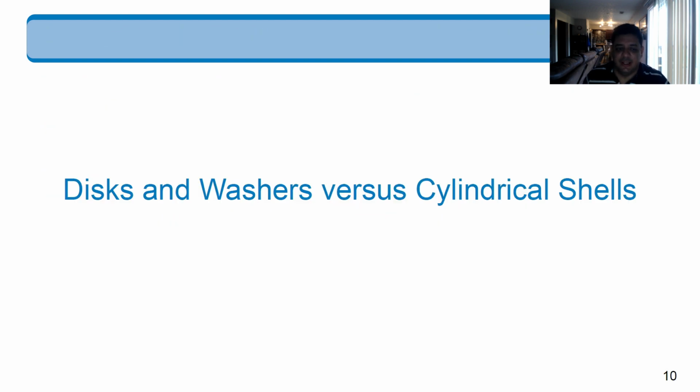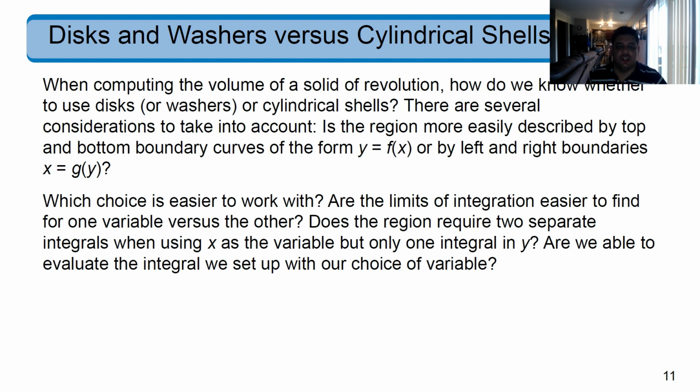A lot of it is checking the situation and seeing what the solid of revolution is like. Do I get something easier to work with if I use a cross section perpendicular to the axis of revolution, or do I have an easier time with a cross section parallel to the axis of revolution? That also means it's going to be easier to work the integral in x, or easier to work the integral in y.